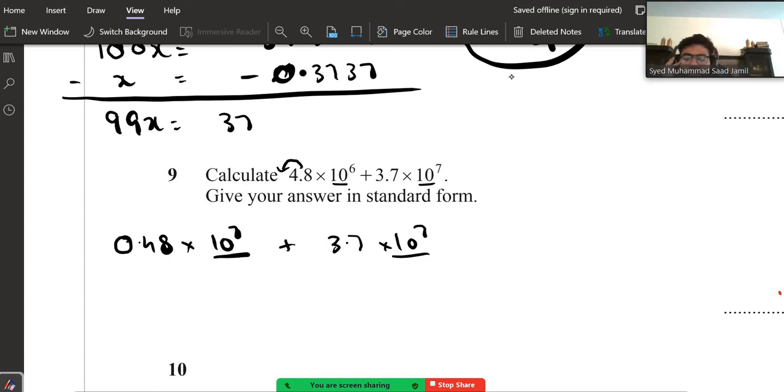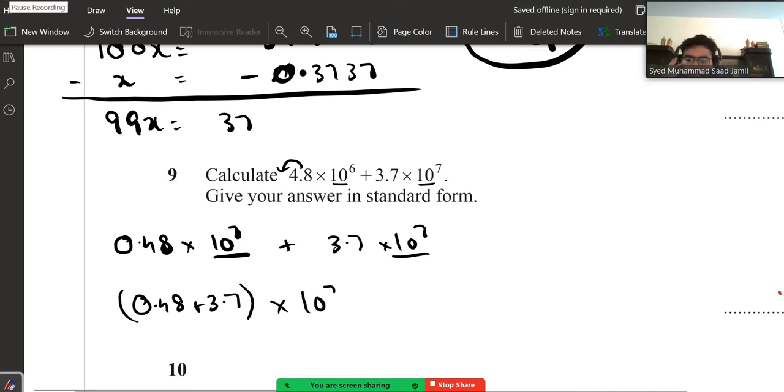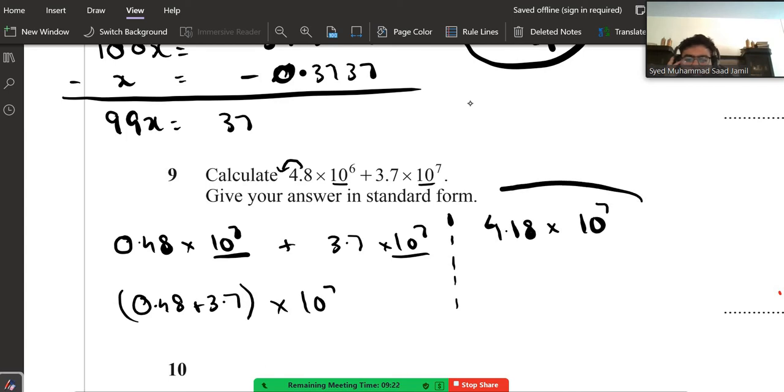Now I can take 10 raised to power 7 as common. So it's going to be 0.48 plus 3.7 multiply by 10 raised to power 7. Now I'm going to add both of these numbers. So it's going to be 4.18 multiply by 10 raised to power 7.